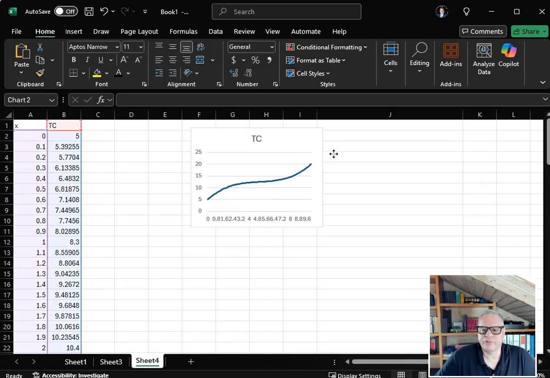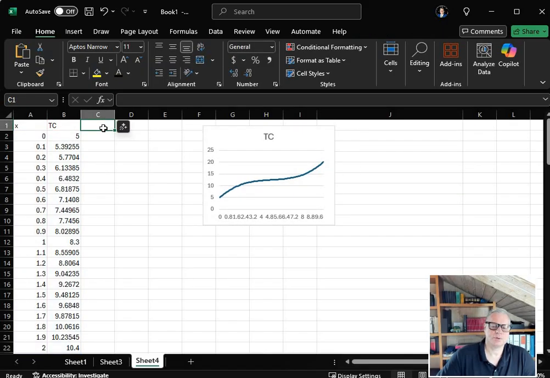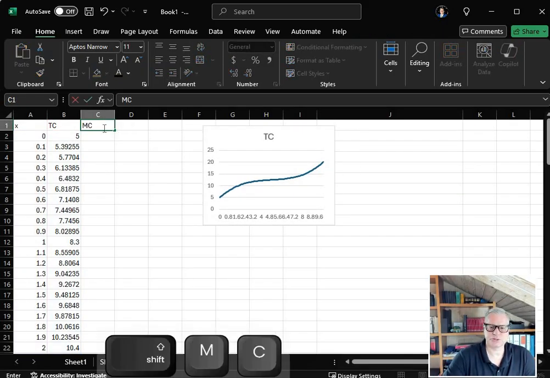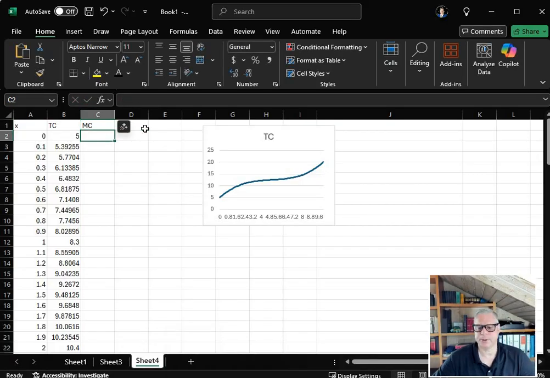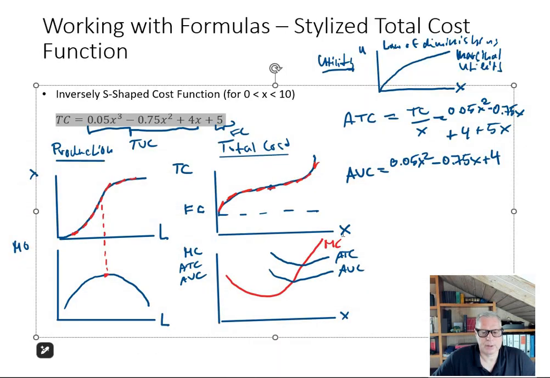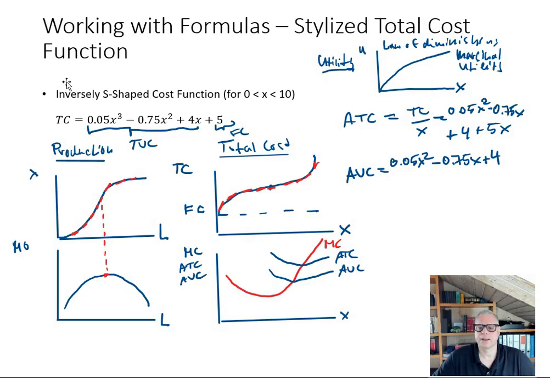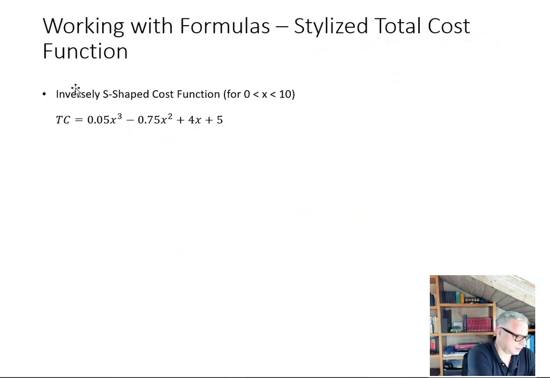Okay, so next, let's also do the marginal cost and draw that as well. And let's do the marginal cost function here. So this is the total cost function. What I do is I just quickly delete all that ink, and let's derive the marginal cost function.